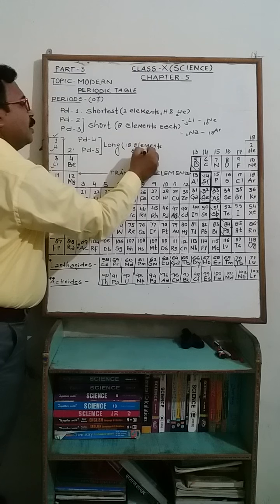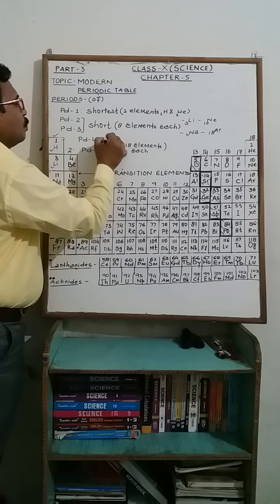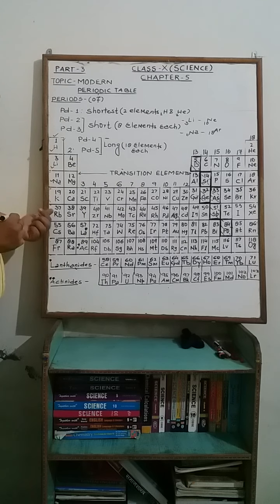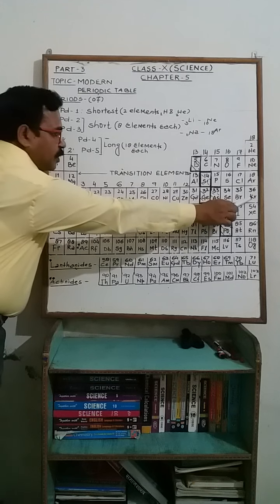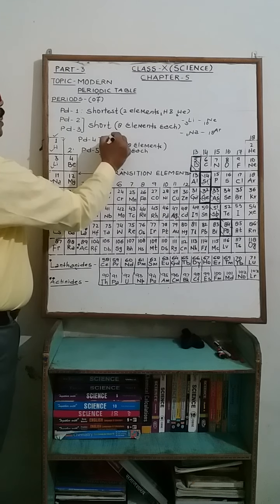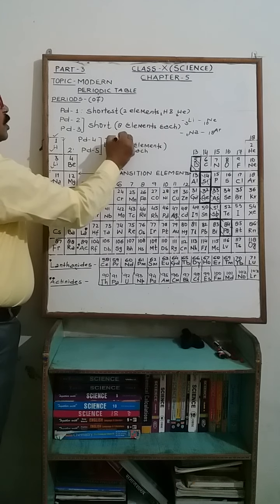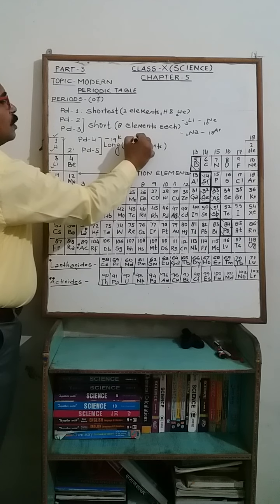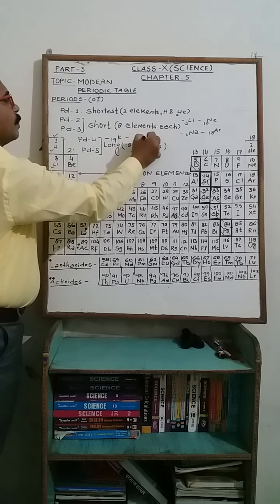That means period 4 starts from potassium with atomic number 19 up to krypton, atomic number 36.